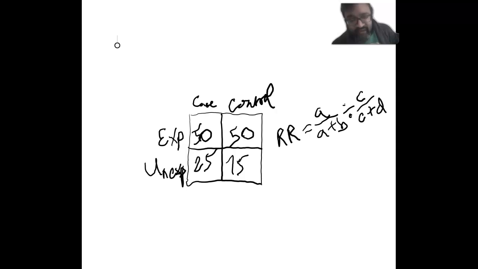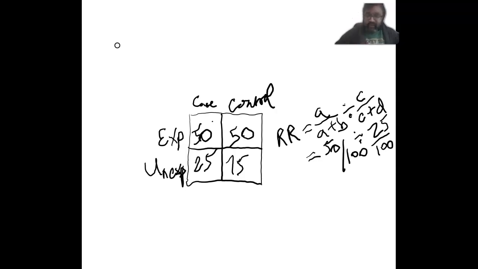How to actually calculate this is what you want to figure out. So A over A plus B is 50 divided by 50 plus 50. So what that means is 50 divided by 100. When you divide this number by 25 over 100, then the quotient should actually give you a number.